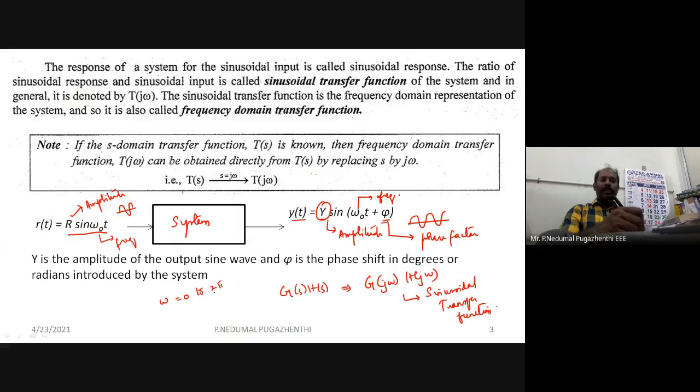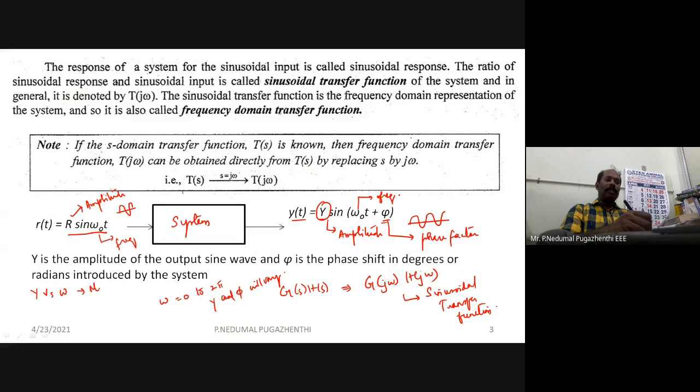If you vary that omega value, the frequency is being varied. Accordingly, your Y is going to vary and phi is going to vary. Y and phi will vary. That variation can be captured if you draw a curve between omega and Y versus omega.